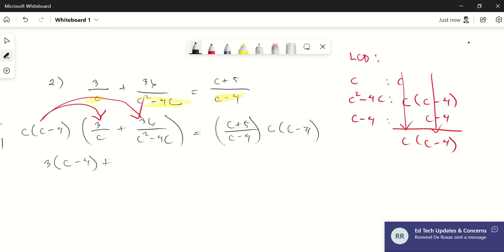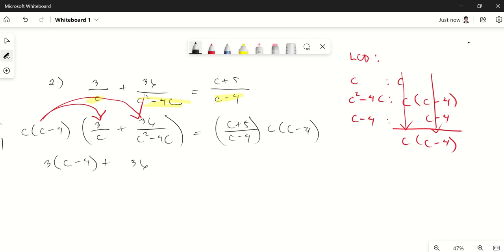So everything will be cancelled out, and what will be left is just 36. On the right-hand side, you multiply the LCD with c plus 5 all over c minus 4. So the c minus 4 here will be cancelled out, and you have c times the quantity of c plus 5.